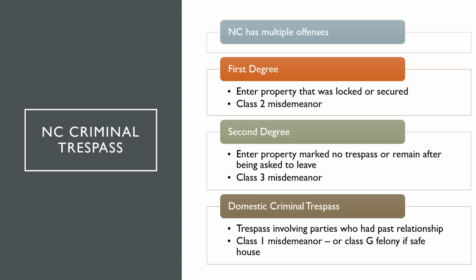Second-degree trespass, and by the way, of course, first-degree trespass is going to be a Class 2 misdemeanor. Again, not terribly serious. Less serious is second-degree trespass. You enter property marked with no trespass or remain after being asked to leave. Now, one of the questions I get from students all the time is, well, what about if the person says they didn't see the sign that said no trespassing?